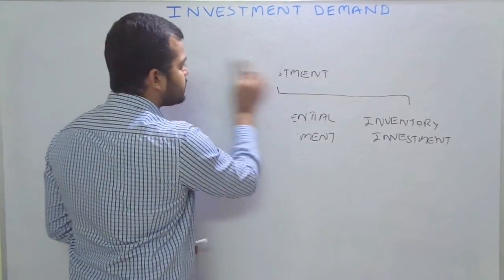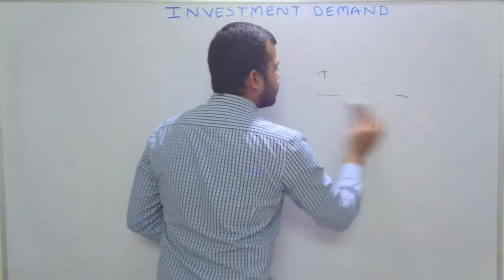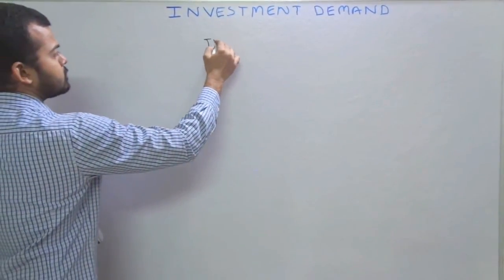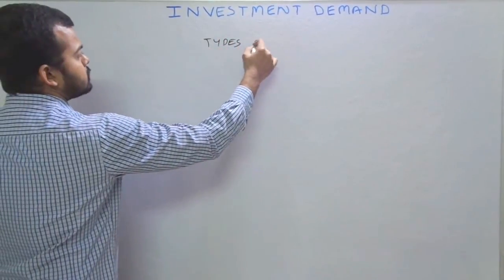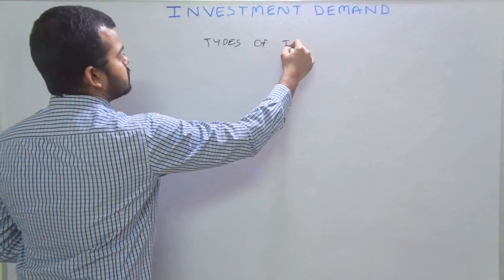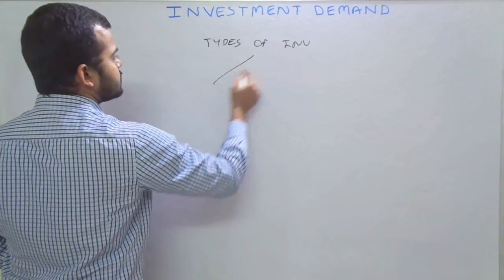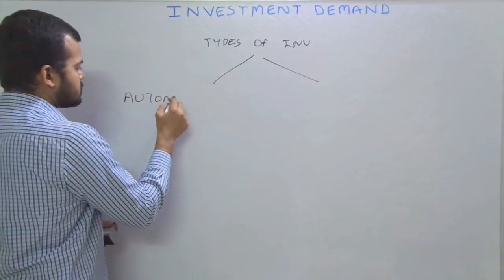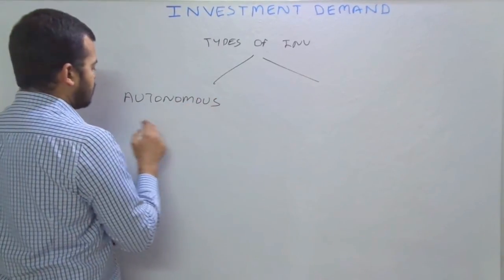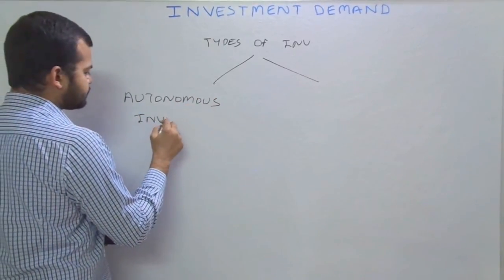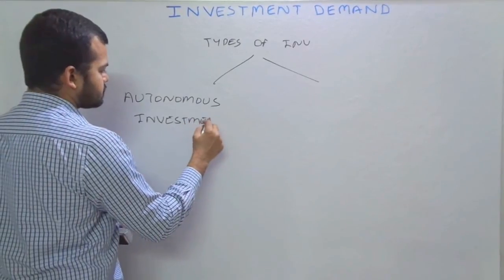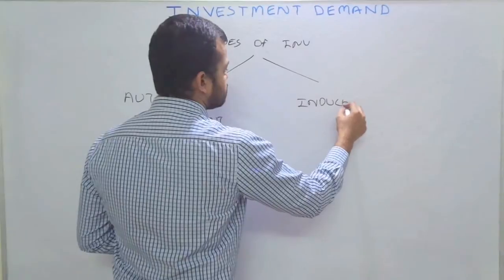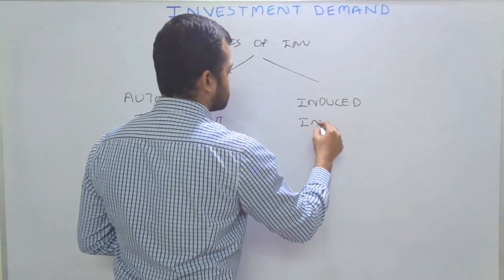Now moving forward, we'll understand the two most important types of investment: autonomous investment and induced investment.